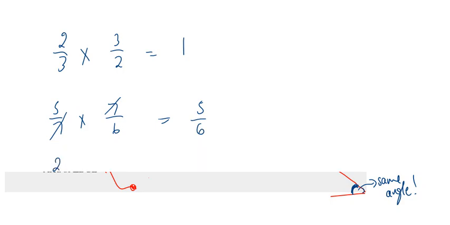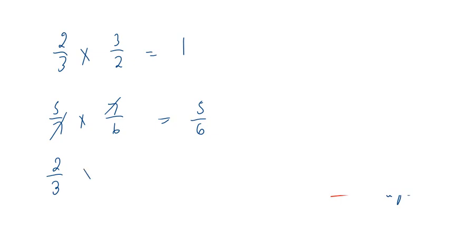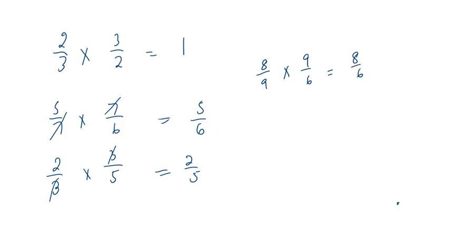If I have 2 over 3, then I multiply by 3 over 5, my answer is going to be 2 over 5. If I have 8 over 9, I multiply it by 9 over 6, I have 8 over 6. I think we're still together on this. It's just simple algebra, guys, but I want you to see if there is a pattern.